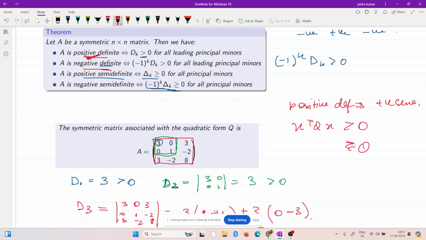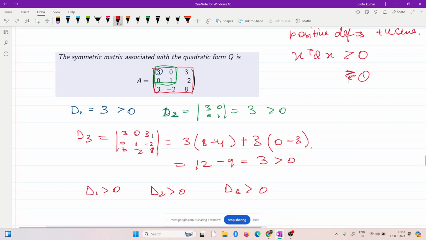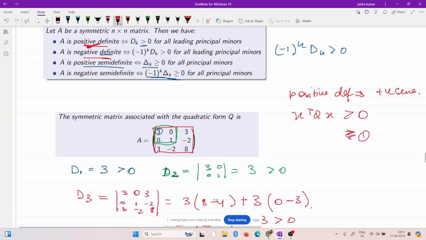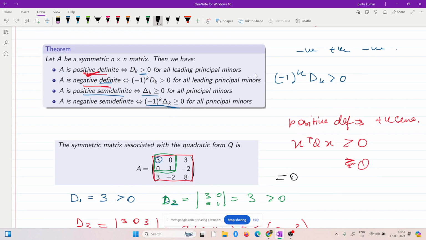So if you show that it is positive definite, then it is definitely positive semi-definite also. You will have to check the other conditions when one of D1, D2, D3 comes out to be 0. Then you might be interested in the other principal minors. Otherwise, checking the first one is enough.